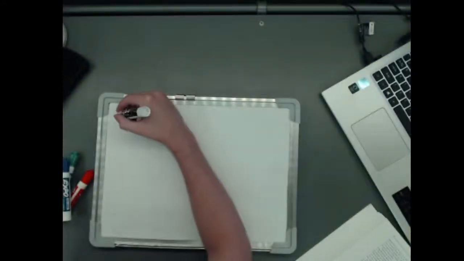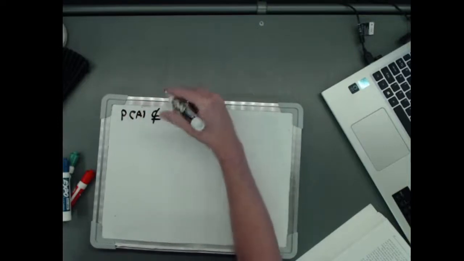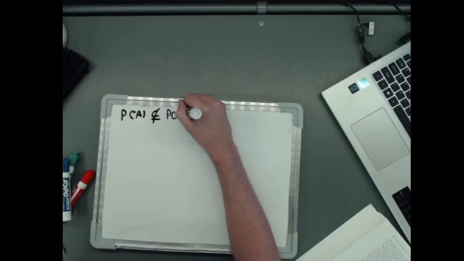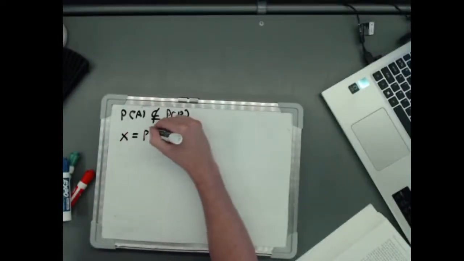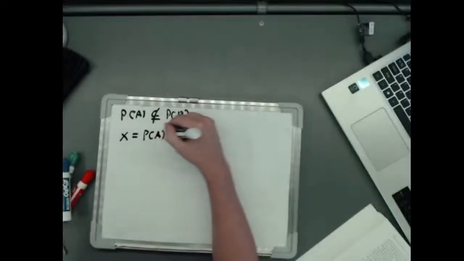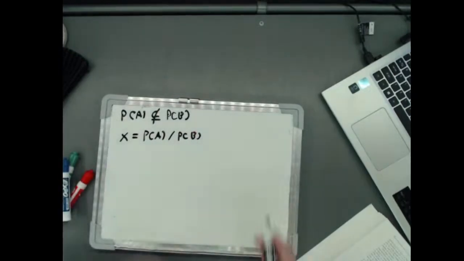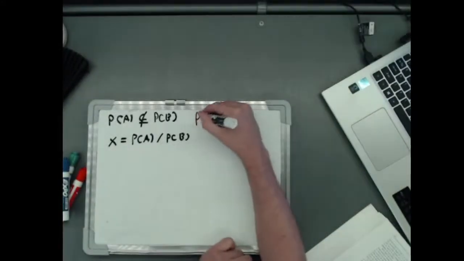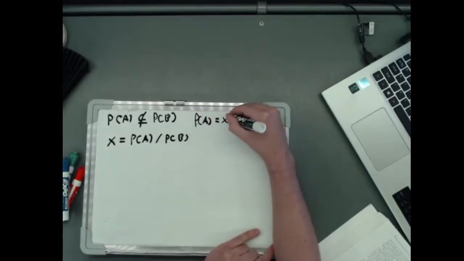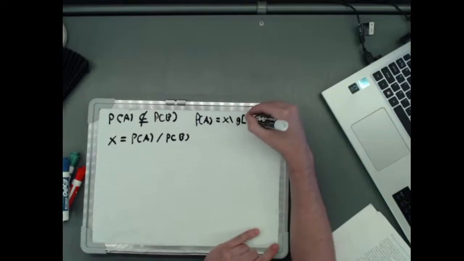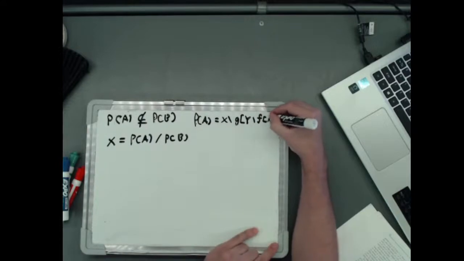Basically first we need to assume that P of A is not a subset of P of B. This means that there's some element X such that it's in P of A, but not inside P of B. Knowing what our function means, P of A is equal to X minus G of Y minus F of A, let's write out.